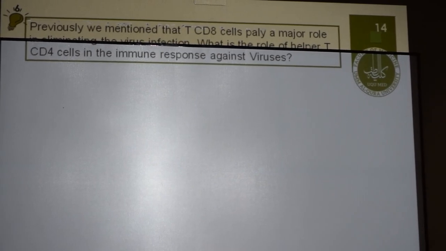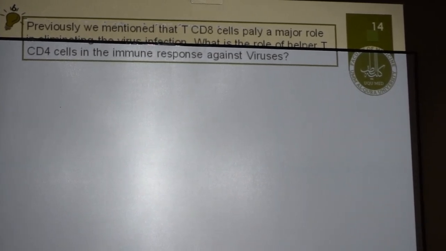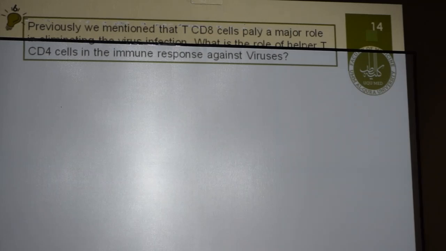What is the role of helper CD4 T cells in immune response against viruses? So it's very clear that the specific CD8 cells will recognize the MHC class 1, and then they will start destroying those cells by perforins, granzymes, Fas ligand. So all those mechanisms will come into play and they will destroy. Now CD4 cells are also activated during this process. What is their job?